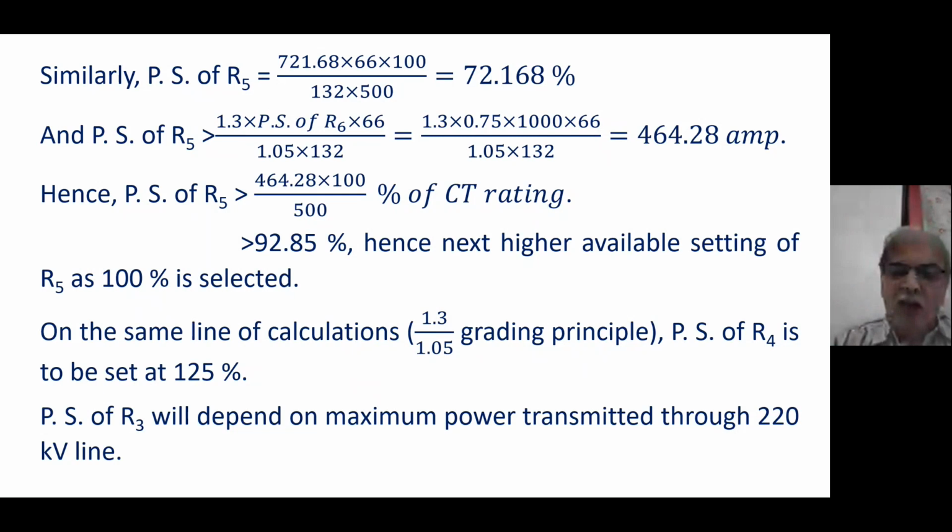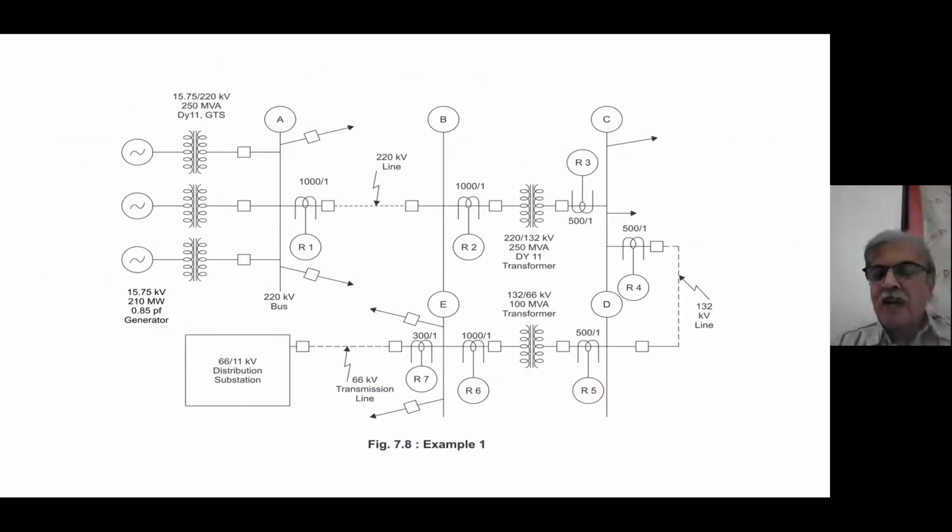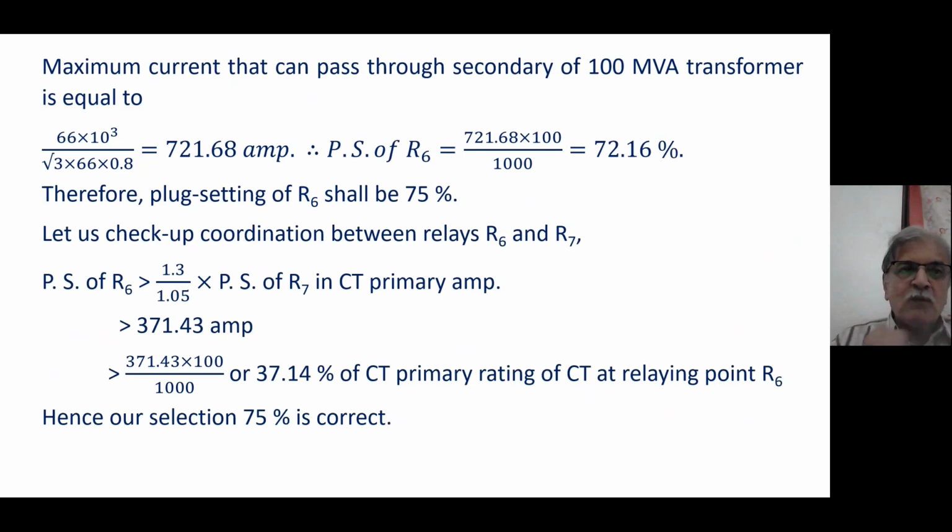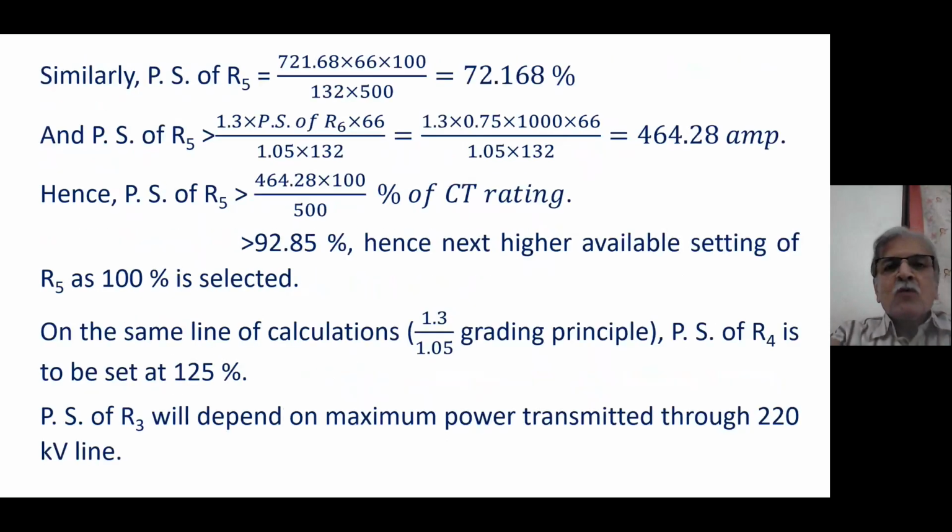When I go to R5, you can see that between R5 and R6 there is nothing. Only 1.3 divided by 1.05 principle will work, right? So I find out for R5, my rated current is 721.68, right? And that on 132 kV side happens to be 72.168%. So that way my setting is 75%.